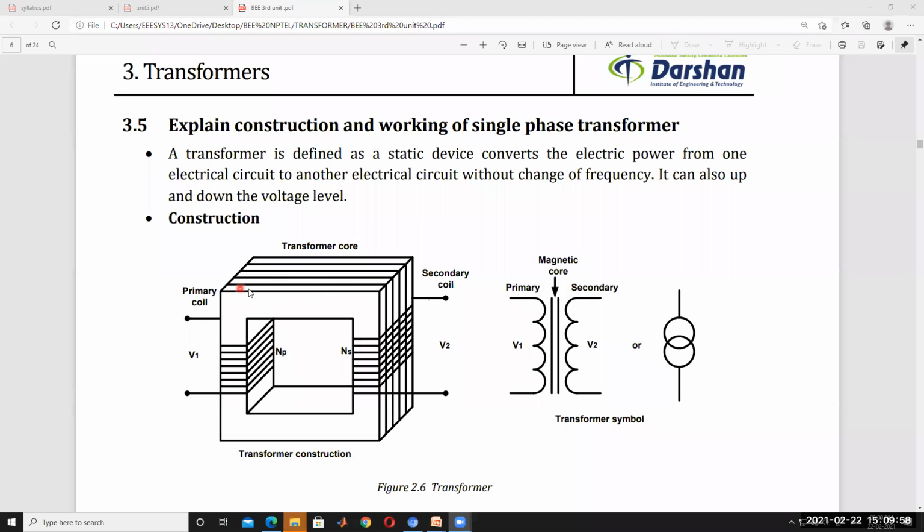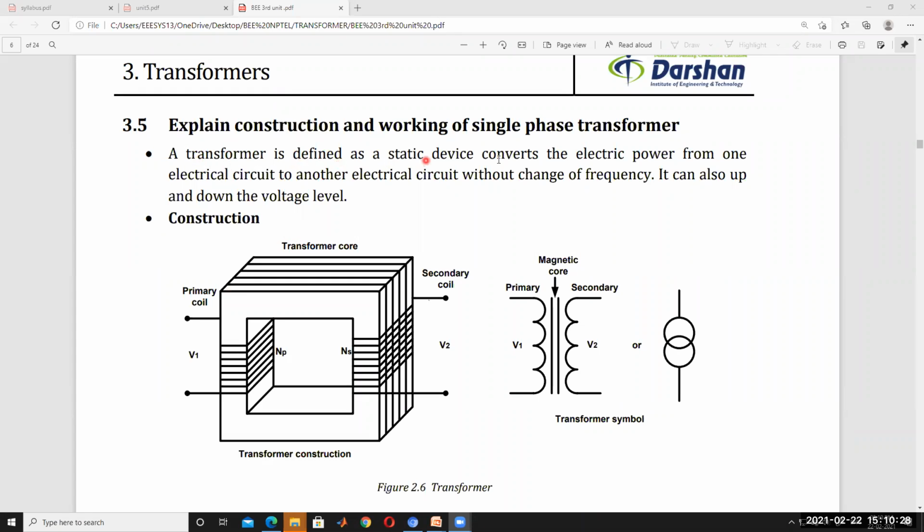These are silicon sheets, made of silicon. In some cases iron also. If you want to make a transformer core with iron, it is divided into different parts like this. In between these two, some insulation we have to use. I will tell you later, in a later class you can easily understand.